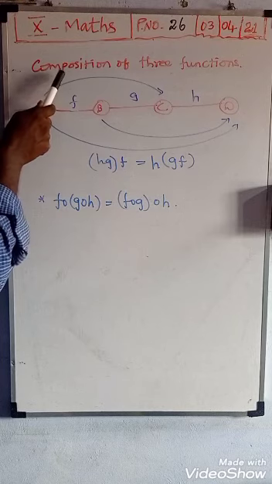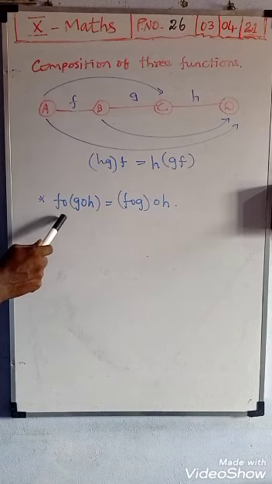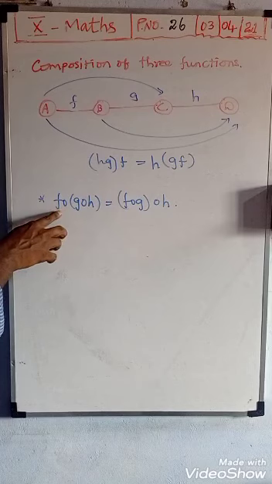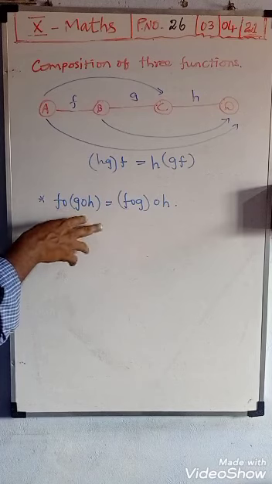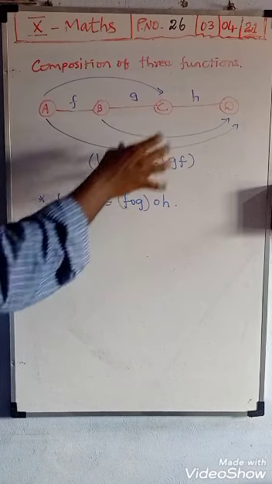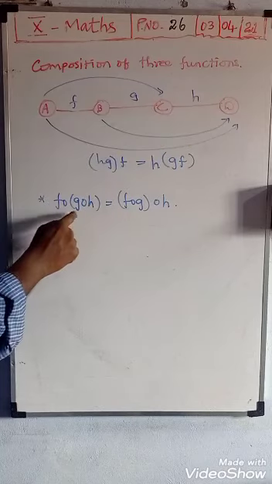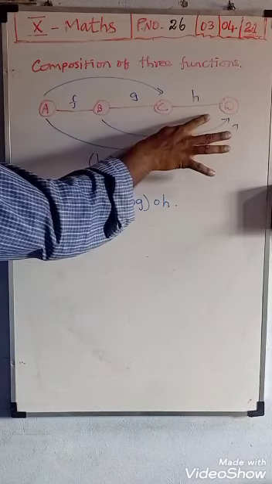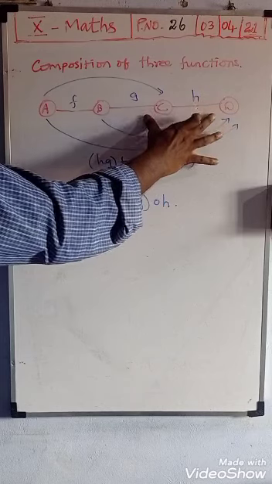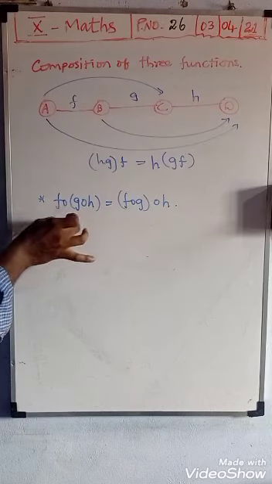Okay, so the composition of three functions we can write in this form. See, f composition of bracket g composition h. First these two, g and h, you are composing. After composing this you should compose with the f function.